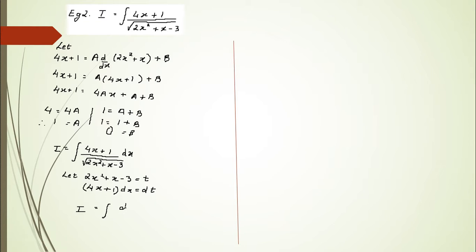So I can write dt by, this is root of 2x square plus x minus 3, that has become root of t. Let me continue it here. Therefore I is equal to integral t to power of minus half dt.